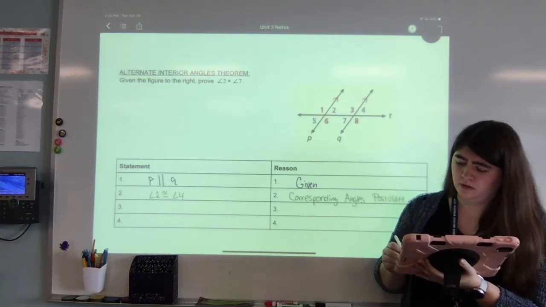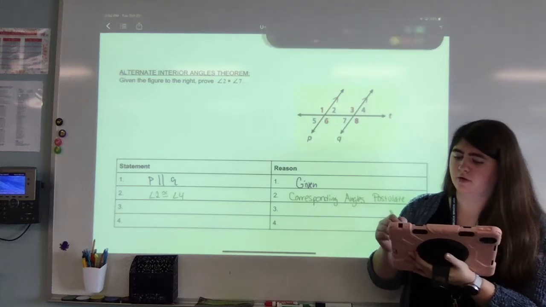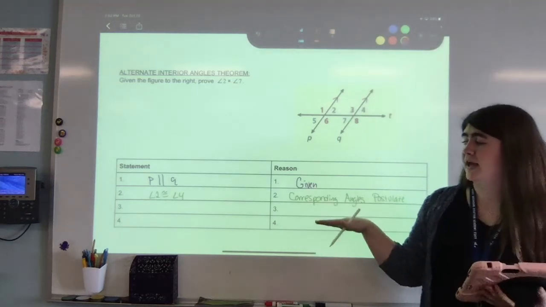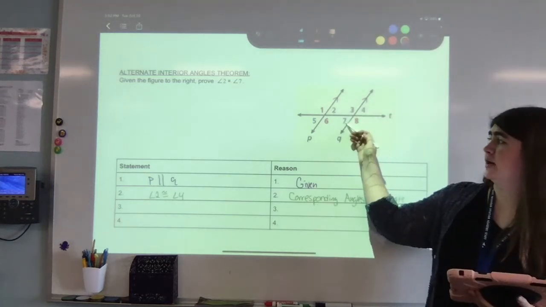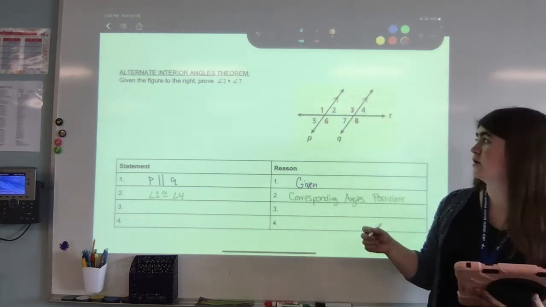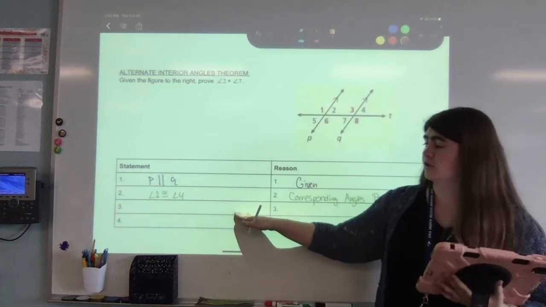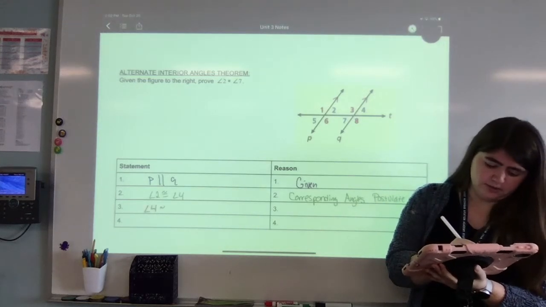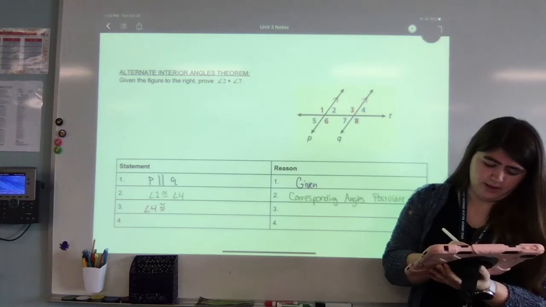Now that I have those two lines, I'm going to do that third line that I was mentioning before with angle 4 and angle 7. I know that these two things are congruent because they are vertical angles. So I can say in line 3 that angle 4 is congruent to, oh, that's not the congruent symbol.